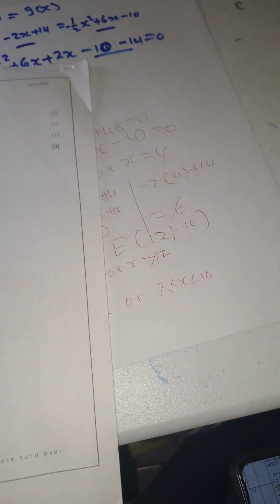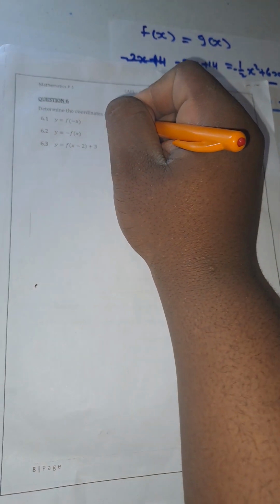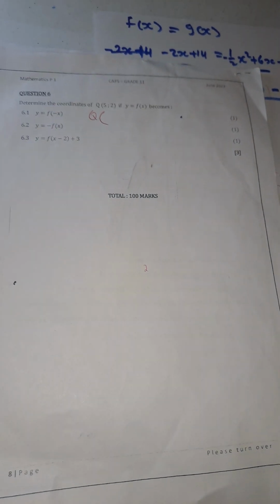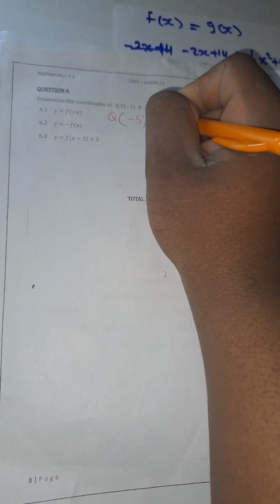Let's go to the last section now. They are saying determine the coordinates of Q, if y is equal to f of x becomes y is equal to negative f of x. So where there is x, where there is y, you put a negative y value. So for Q, it will be negative 5 and 2.